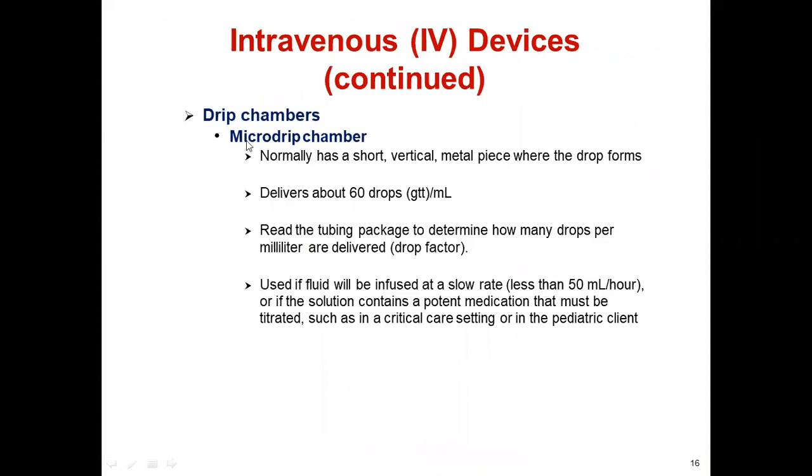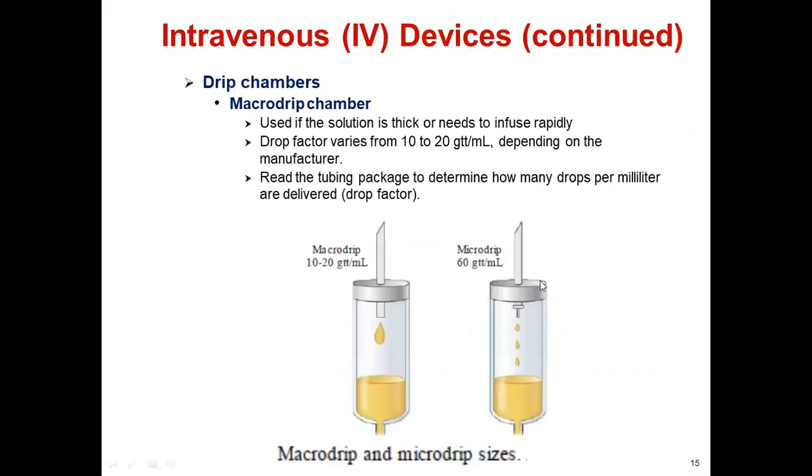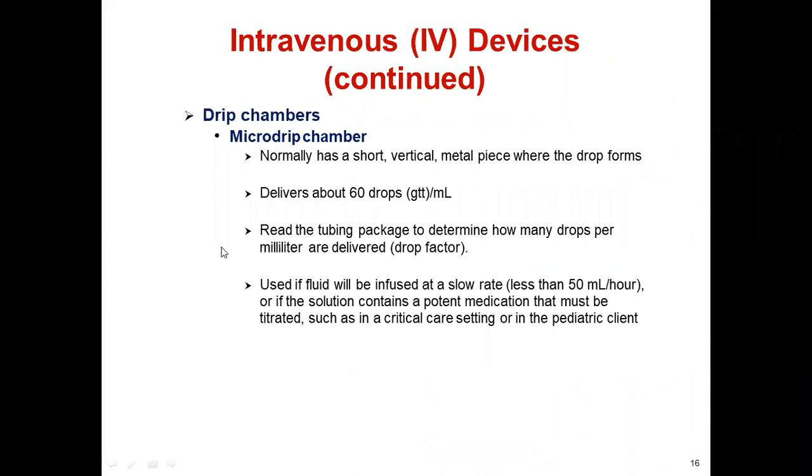Here, the micro drop chamber normally has a short vertical metal space where the drop forms. It delivers about 60 drops. Here, this is the one we are talking about. Read the tubing package to determine how many drops per milliliter are delivered. We use the same formula; we can follow the flow rate formula or the drop factor formula.